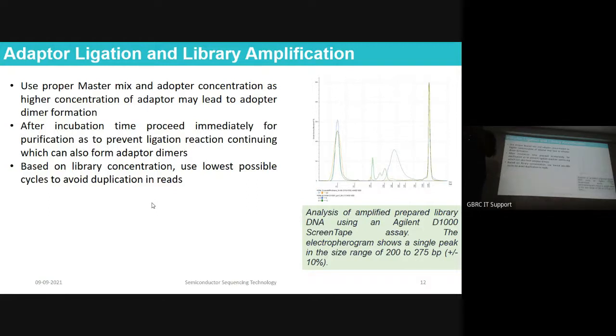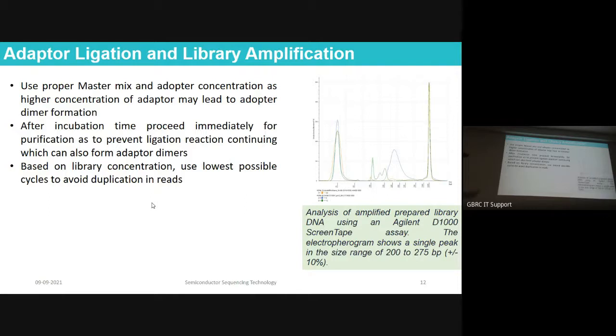Similarly, if you take fewer adapters and more library, what will happen? You will end up using some library fragments which are not properly ligated with your adapters. So this concentration is very, very critical, taking a 1:1 concentration for your sheared fragments and adapters.